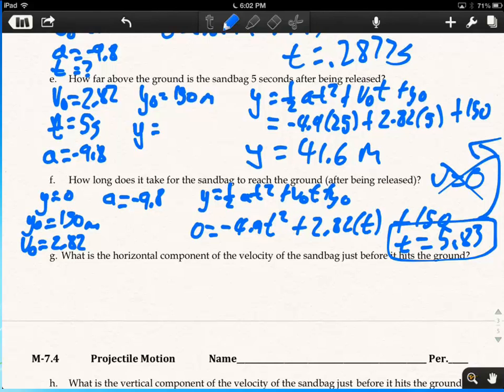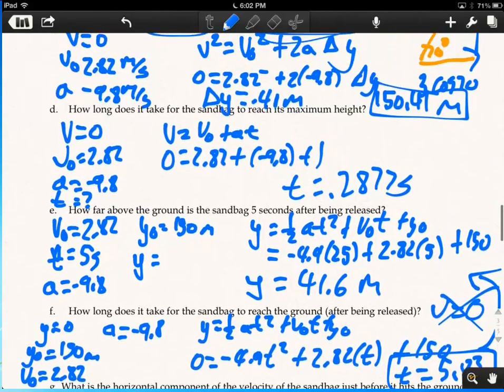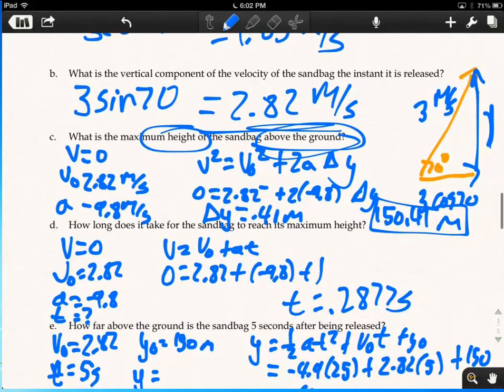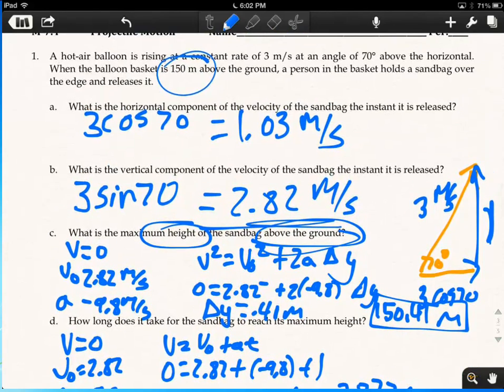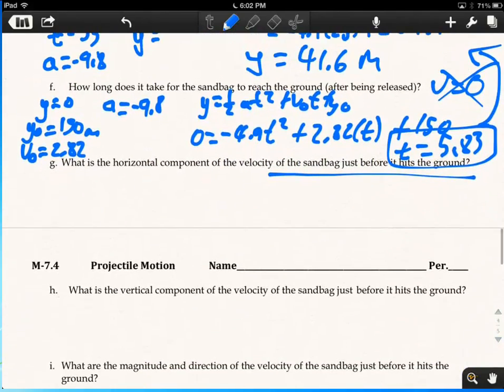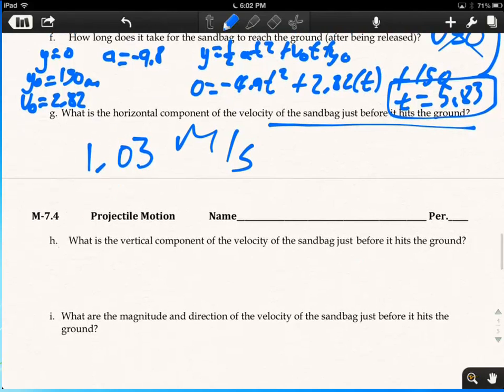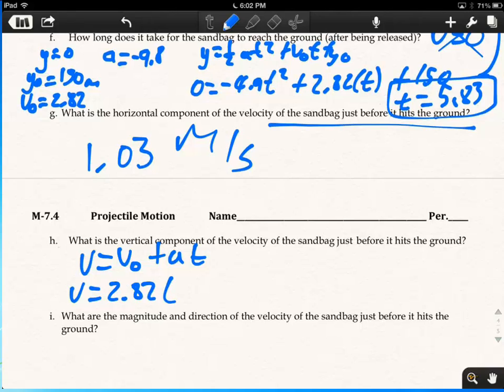G, what is the horizontal component of the velocity of the sandbag just before it hits the ground? Well, now this is an easy question. We know our initial velocity in x. We calculated it up here. And since there's no acceleration in x, it's still the same exact thing. So 1.03 meters per second. What is the vertical component of the velocity just before it hits the ground? Well, v equals v naught plus at, and so we have v equals 2.82 plus negative 9.8 times 5.83.